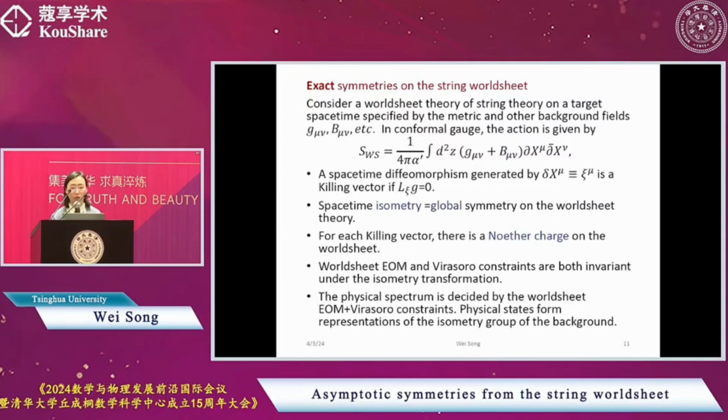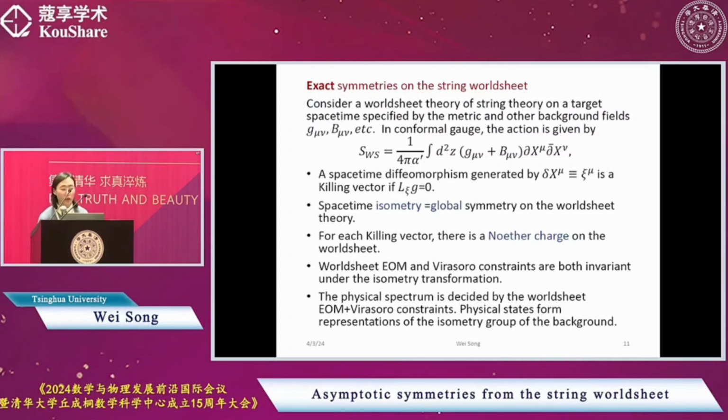And so there's a proposal. Let's consider the worldsheet theory on a target spacetime with metric G and possibly the NS field B. We know that exact symmetries of spacetime correspond to global symmetries on the string worldsheet.